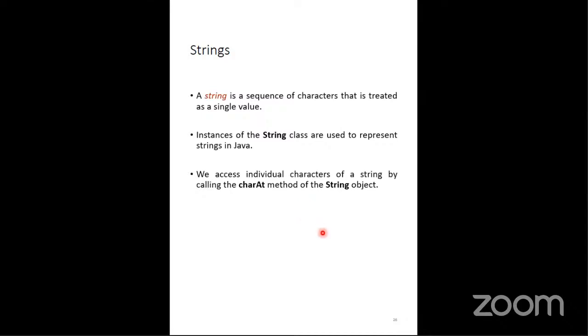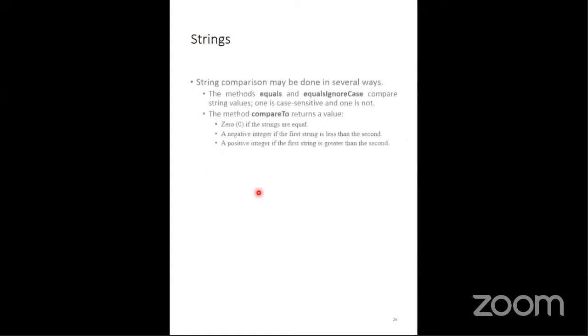We can access individual characters in a string. Once you create a string object, what if I want to access a particular character of that string? I can use various predefined methods available on the string object. One of those methods is called charAt. Using the charAt method, I can access one specific character from within that string.